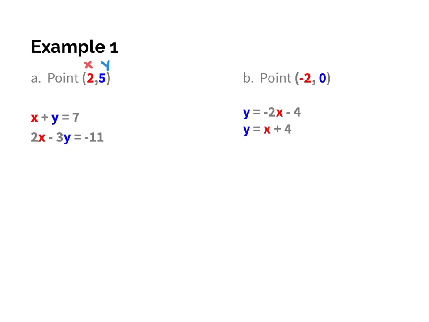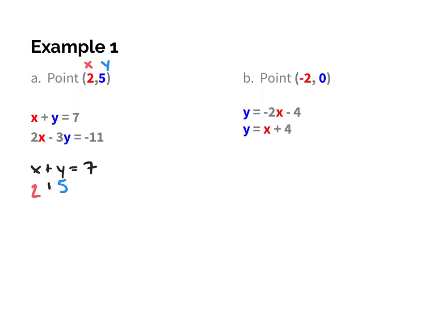To determine if it's a solution, I'm going to take these two numbers, 2 and 5, and plug them into each equation separately. My goal is to see, do I get a true statement? So first, my first equation is x plus y equals 7. I'm going to plug 2 in where x goes and 5 in where y goes.